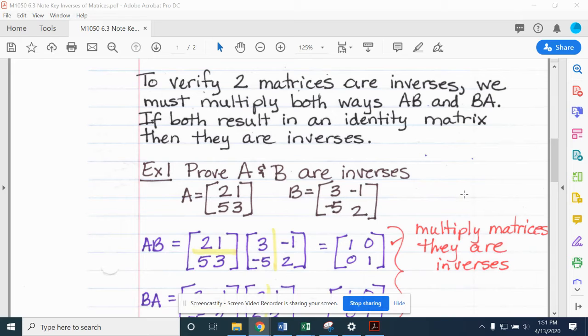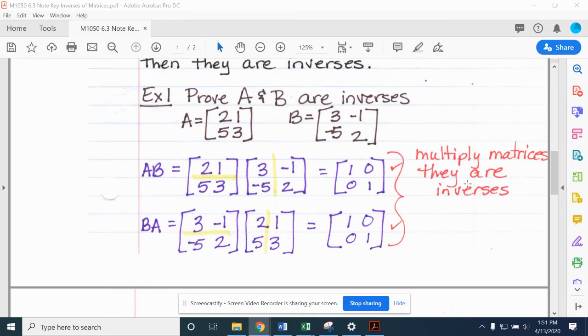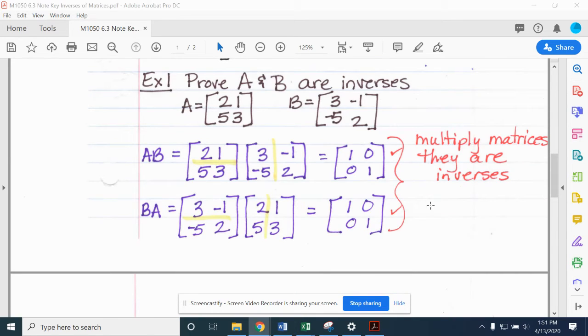Now, this first example says to please prove that these are inverses. So we do multiplication, and I'm taking those two matrices. Remember, it's row times column, and whatever the result is goes in the position of row 1, column 1.